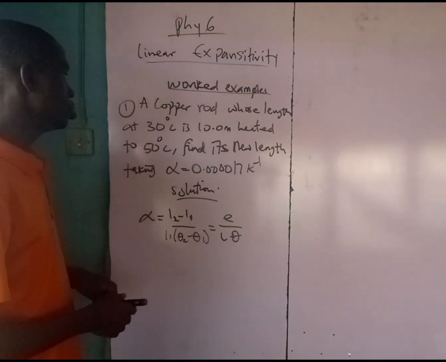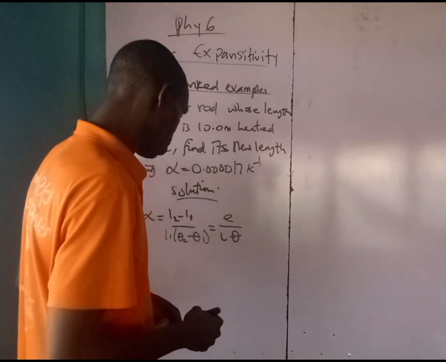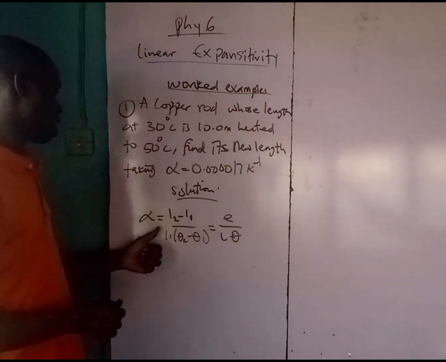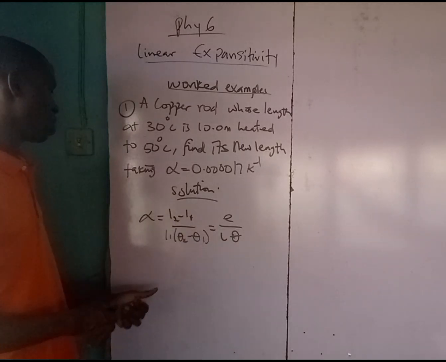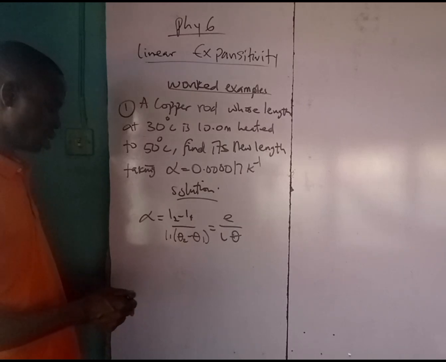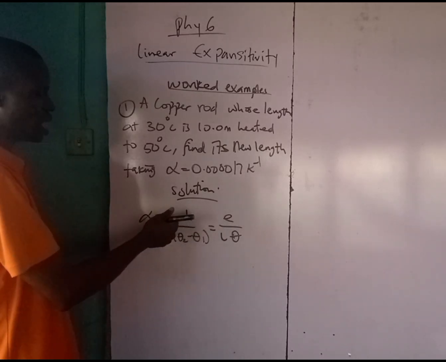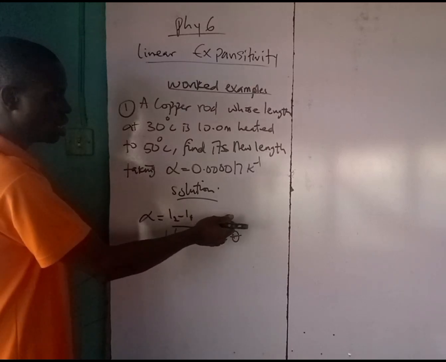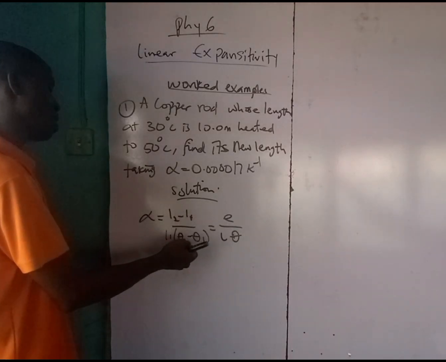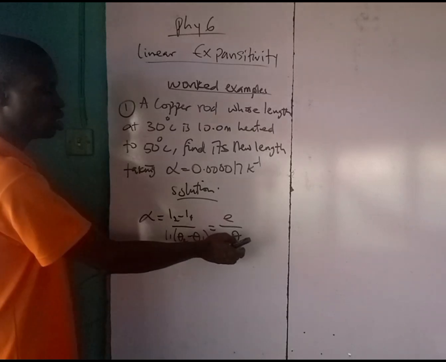to this. Now when you look at the question, of course you remember our formula that we wrote the other time. Alpha is L2 minus L1 over L1 into theta 2 minus theta 1, equal to E over L1 theta, which is, we said L2 minus L1 is E. We let L2 minus L1 be the increase in the length, then theta 2 minus theta 1 to be theta.